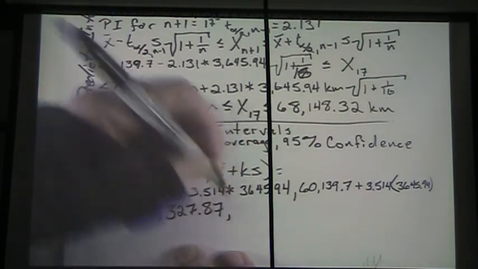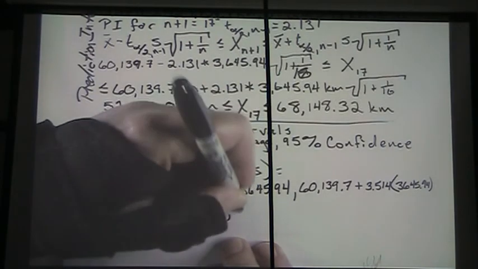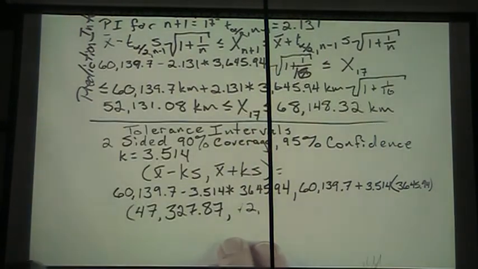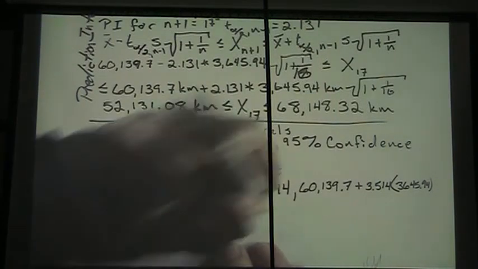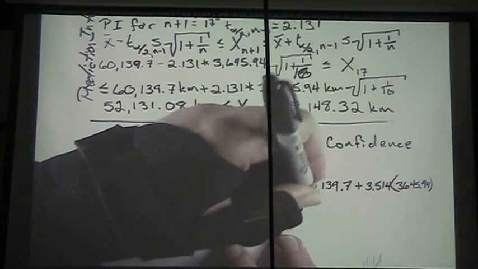The upper end of our tolerance interval is 72,951.53.